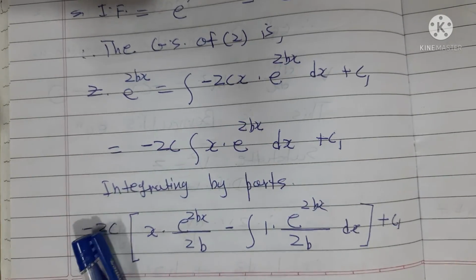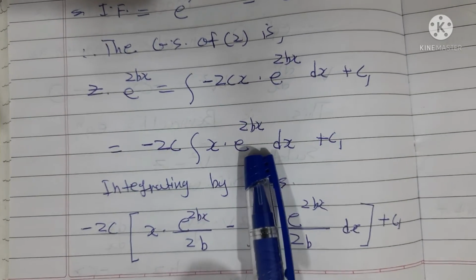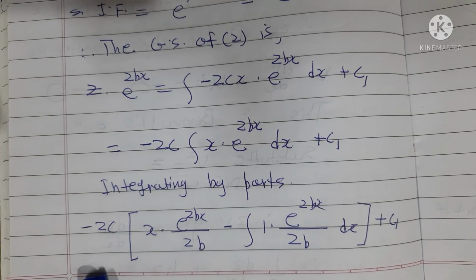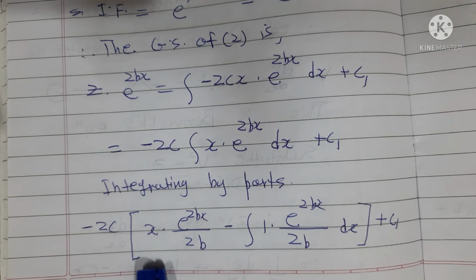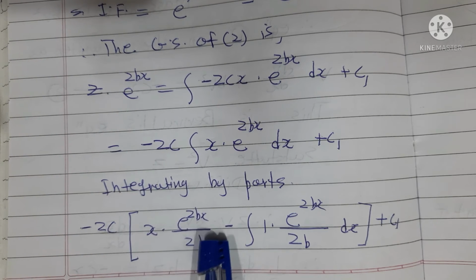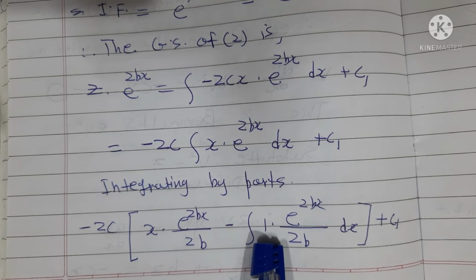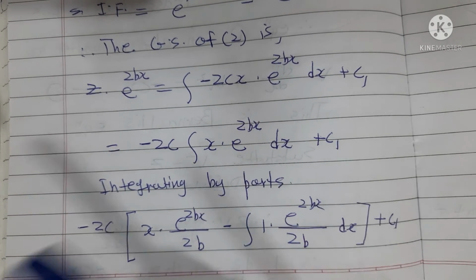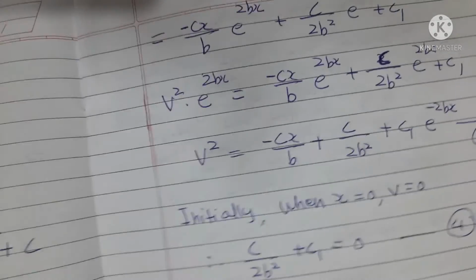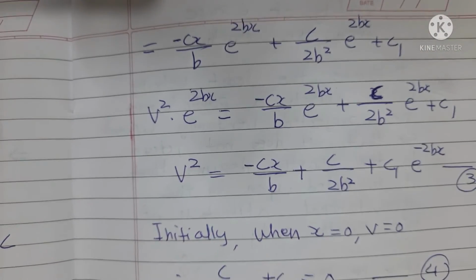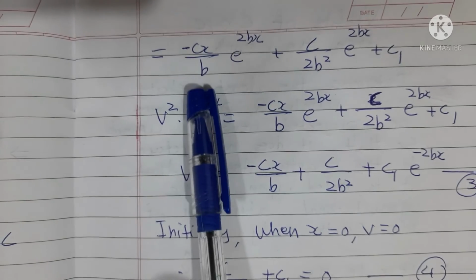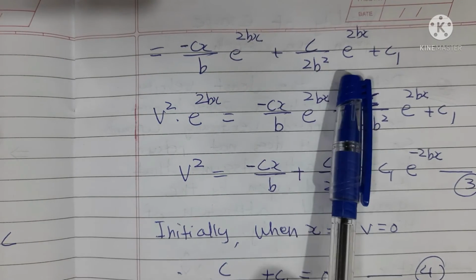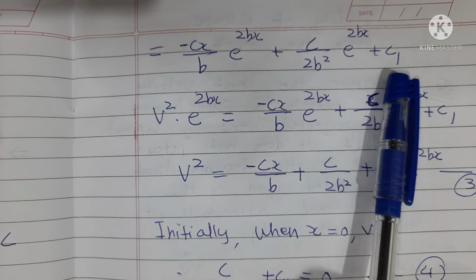Now minus 2c integration of x into e raised to 2bx dx plus c1. Now integrating by parts we will get minus 2c into bracket x into e raised to 2bx upon 2b minus integration of 1 into e raised to 2bx upon 2b into dx plus c1. Now minus cx upon b e raised to 2bx plus c upon 2b square e raised to 2bx plus c1.